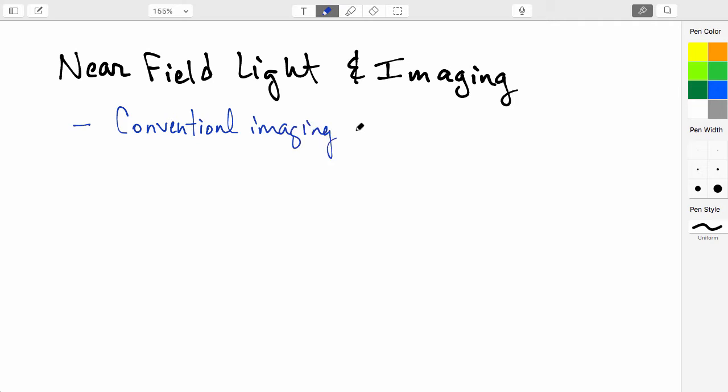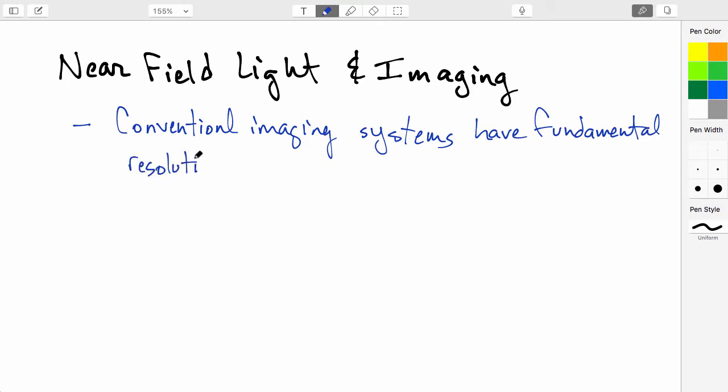And of course, this includes most cameras and microscopes that you are familiar with. Now, the most important thing about a conventional imaging system is that they have a fundamental resolution limit. And this goes by many names, but really it's the same thing.